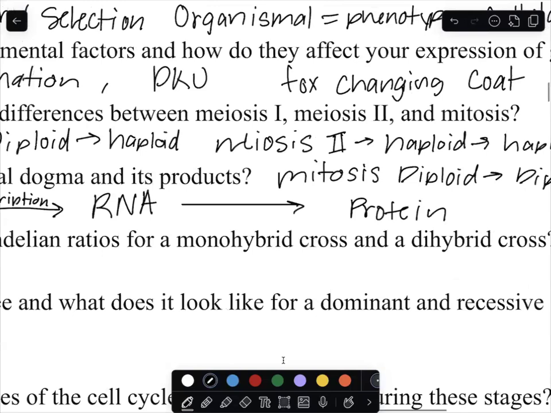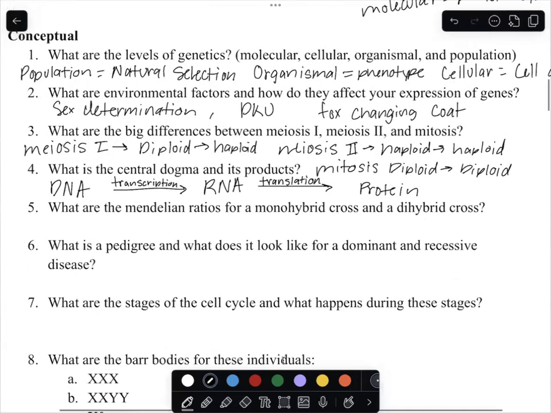And here we have translation. And something that helps me remember which comes first is I was told you have to write something down before you can translate it. So you have to transcribe it before you can translate it.